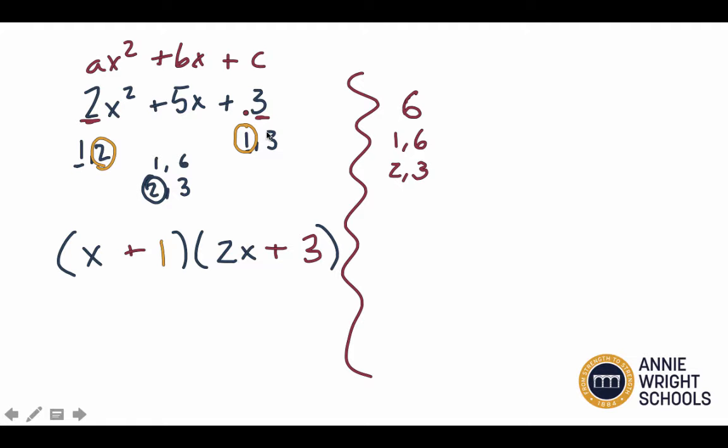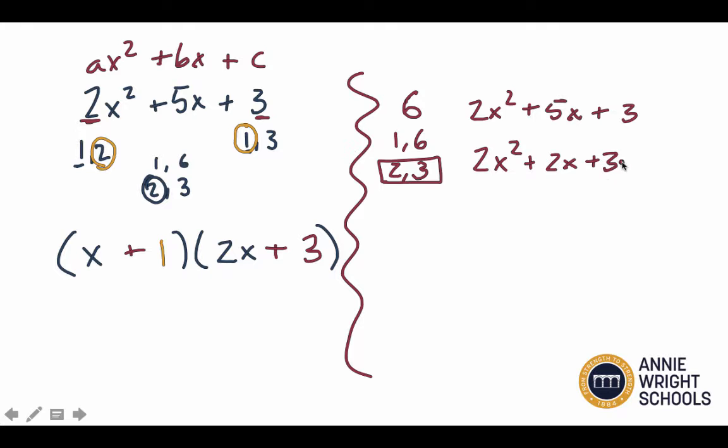If a and c are positive, find the factors of 6 that add to 5x, and rewrite the quadratic. Instead of 2x squared plus 5x plus 3, take the two numbers that add, in this case to get 5, and write it 2x squared plus 2x plus 3x plus 3.